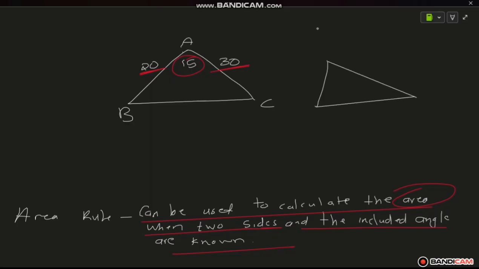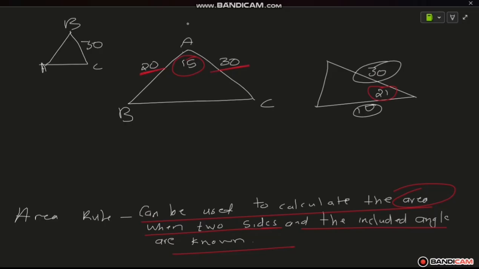Sometimes they can give you a triangle like this. What you must know is that when they give you these two sides, the angle inside becomes an included angle. So this included angle is formed by 30 and 10. I hope that makes sense. Or they can draw it like this, and put, let's say, triangle ABC.